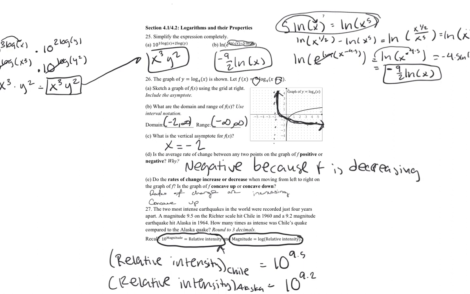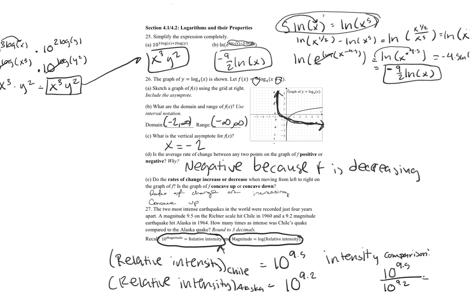And so to find how many times as intense Chile's quake was compared to Alaska's quake, I'll say intensity comparison. To find that, I'll take Chile's relative intensity, 10 to the 9.5, divided by Alaska's intensity, which is 10 to the 9.2.